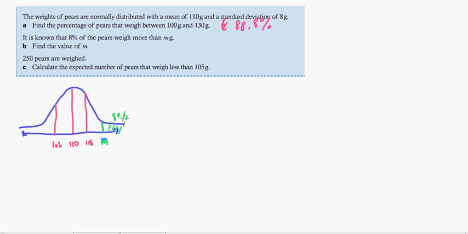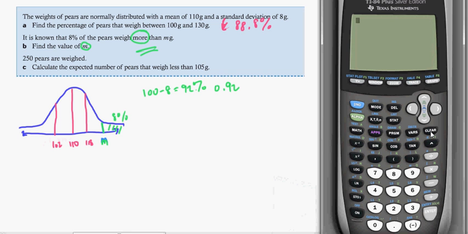Now remember, when we're calculating inverse normal, we're finding m or x or whatever, so we have to use the area to the left of the curve. So I'm going to do 100 minus 8, and that's 92%, or 0.92. Just be careful: anytime it says weigh more than, you have to subtract.